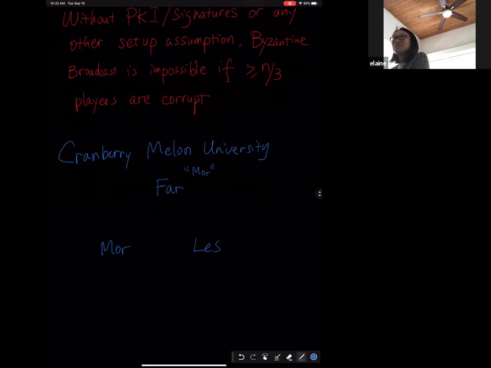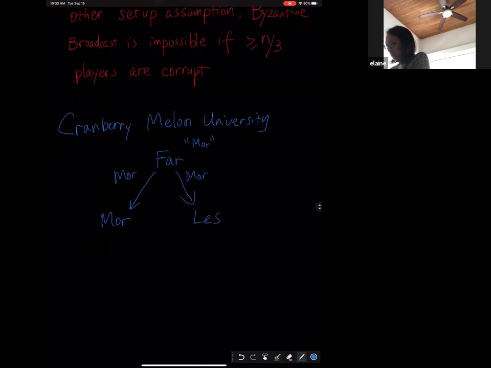Of course, president has too much work. No one wants to be president, so Moore wants to get out of it. Let's say they run a consensus protocol, and Farr will send the suggestion Moore to both Moore and Less.